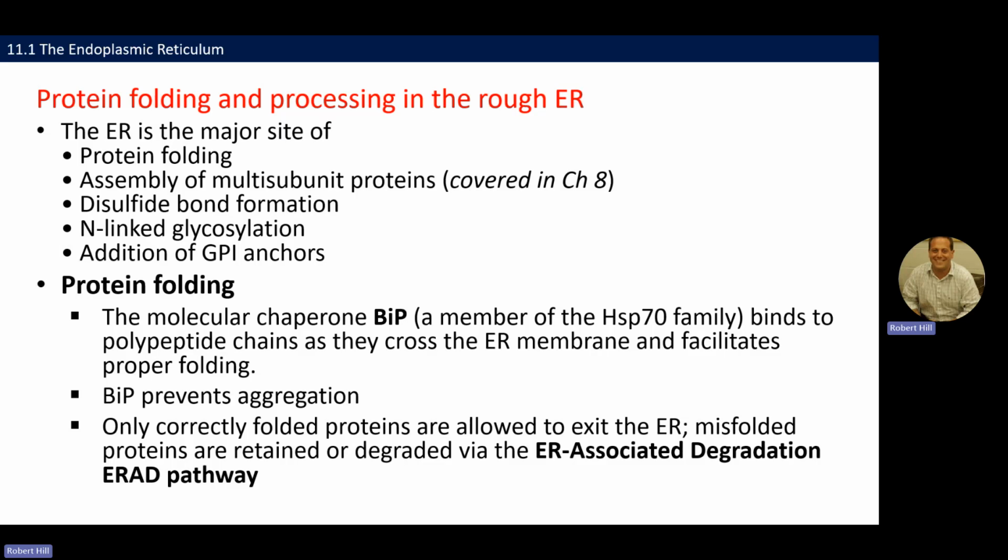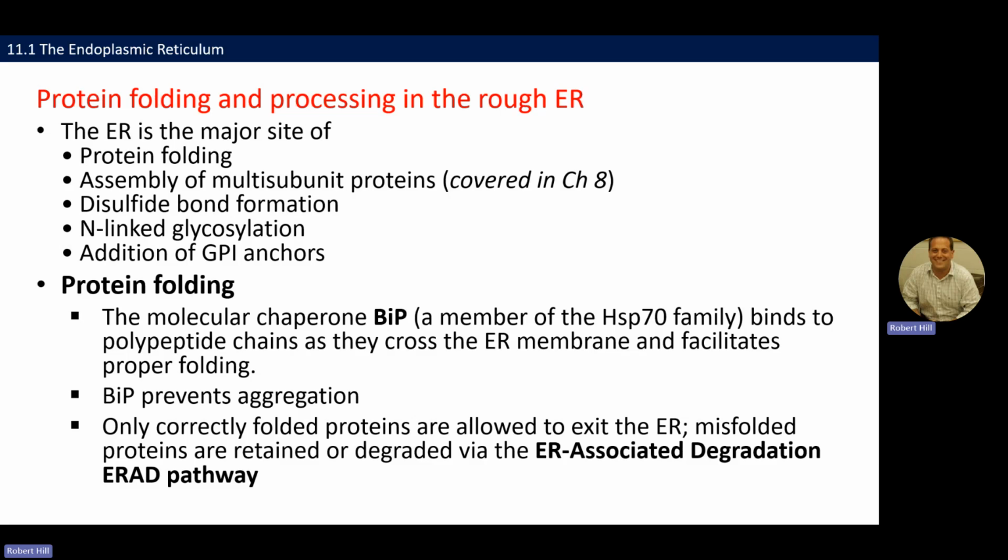Okay, so that's getting our protein targeted and getting it into the ER or associated with the membrane. But the ER has very unique chemistry in the lumen, so it can provide other post-translational modifications as well. It also ensures correct folding of the protein. Right? So there are molecular chaperones that are very abundant.